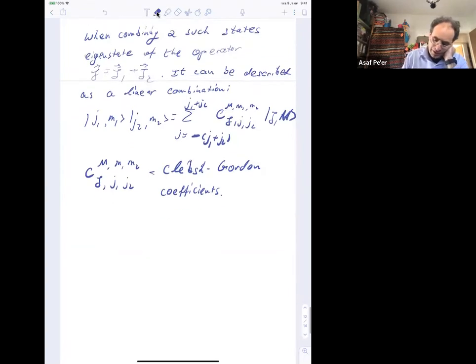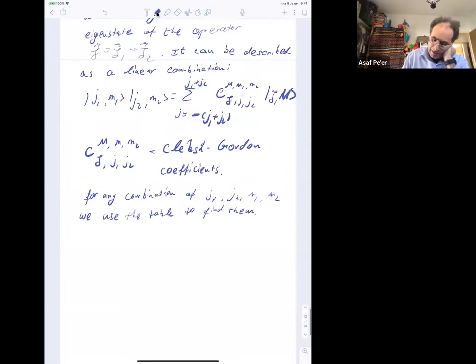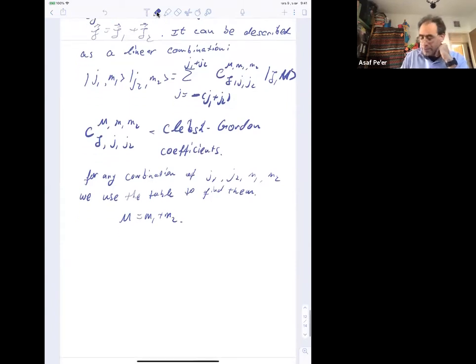For any combination, you can use the table to find them, and always we have that M is M1 plus M2. So it's easy to find such a table.